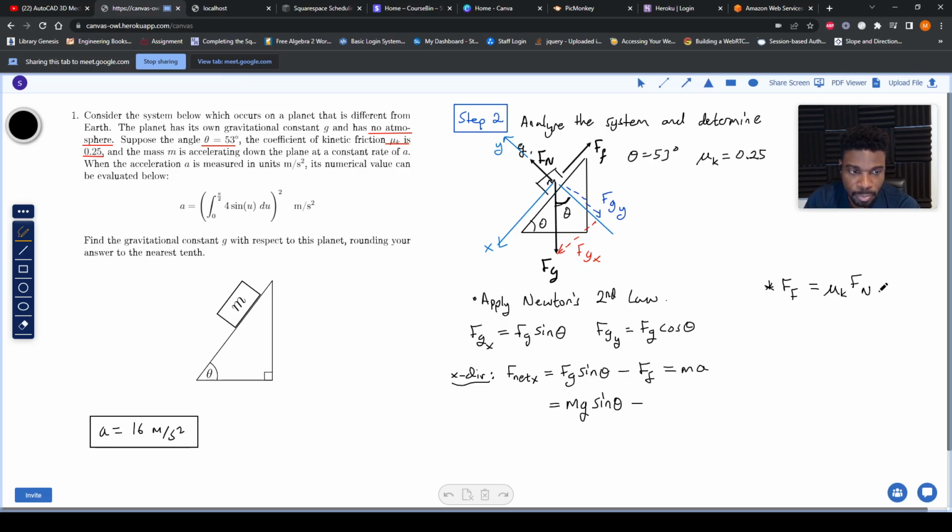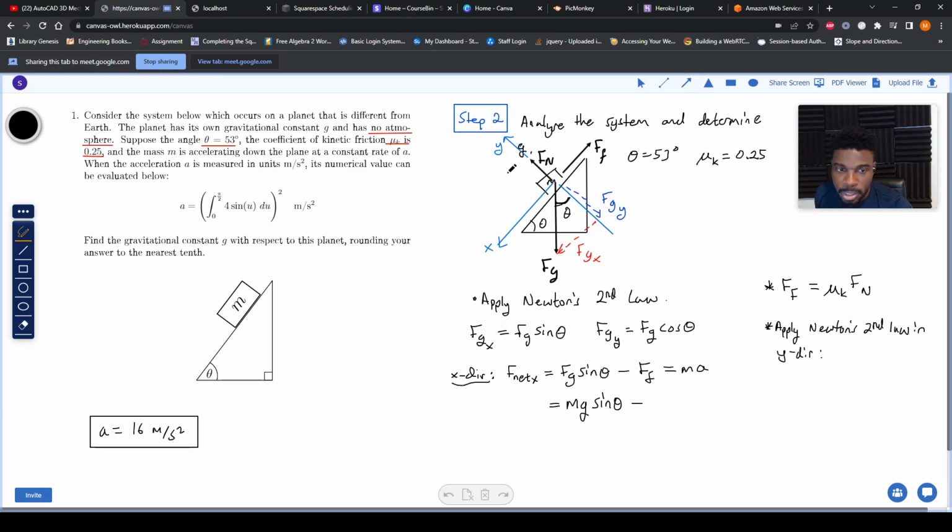It's going to be Newton's second law, force equals mass times acceleration. Only difference is, here we were applying it in the x direction, but now we're going to apply it in the y direction to help us determine Fn. So we're going to apply Newton's second law in the y direction.